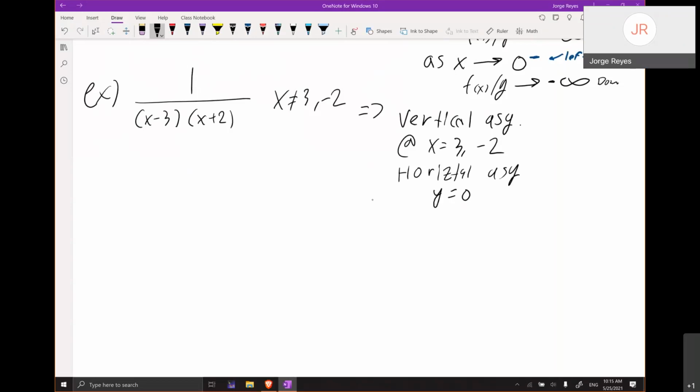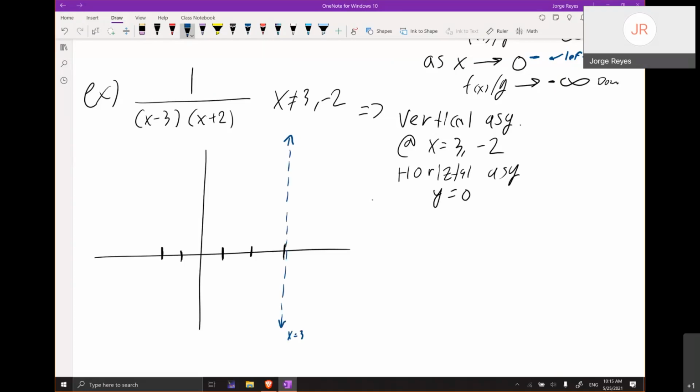I'm going to get my grid, and I'm going to go to negative 2 and 3. Then I'm going to draw my asymptotes. Here's x equals 3. Here's x equals negative 2.